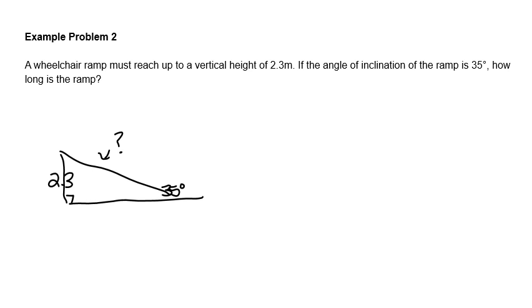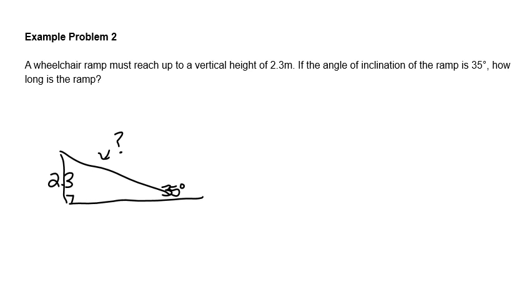The length of the ramp would be that angled line. Think of a wheelchair going up it, where the wheelchair actually drives. That would be the length of the ramp. That's what we're looking for. So take a second, pause the video, and see if you can figure out the length of the ramp using the information in this diagram.